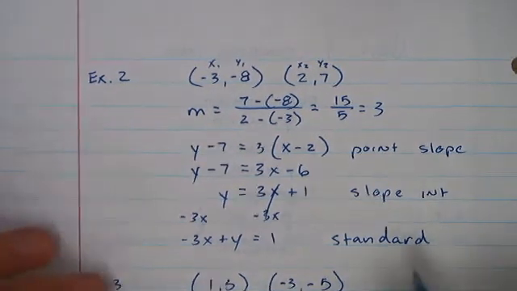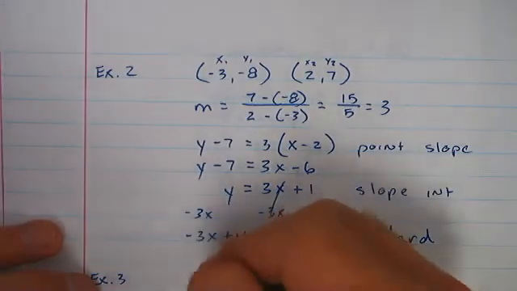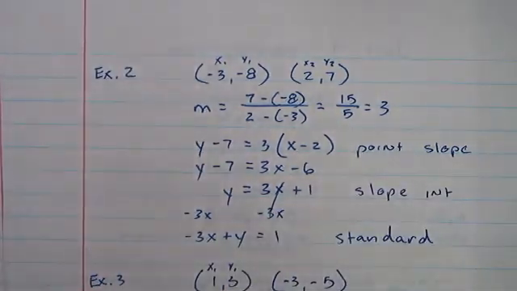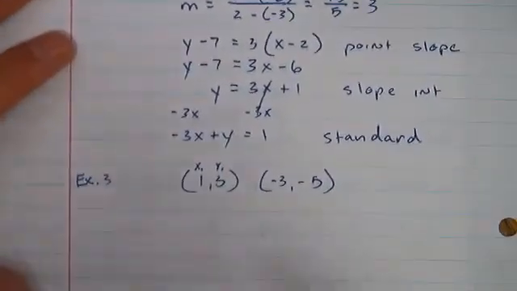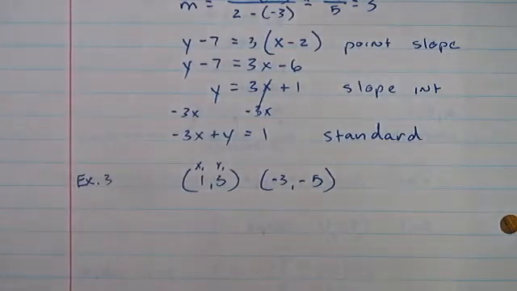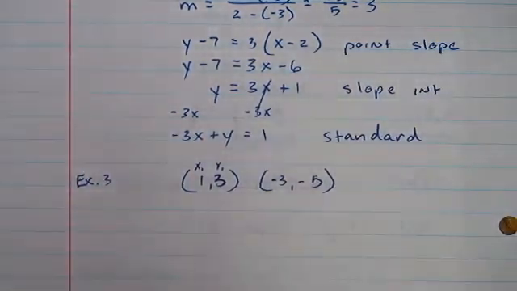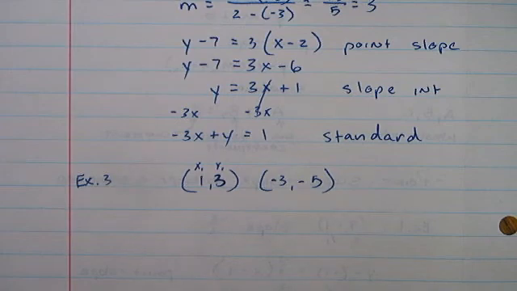When you use your point slope, just so that you can match me and get your 100 on your video quiz, go ahead and use this point when you get to point slope. Use that 1, 3 point. That way yours will match mine, and it won't be too difficult or you won't have to go back or message me.